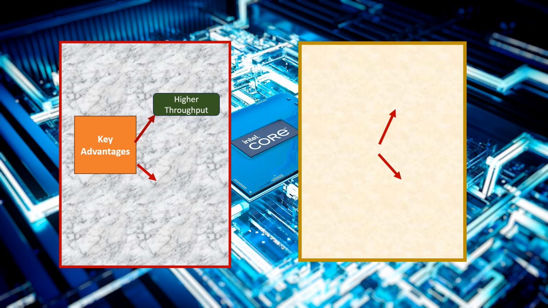Then the next advantage is efficient usage of resources. A computer has its own resources, its hardware, its timing and everything. With the help of pipelining, we can use those resources more efficiently, since different stages of different instructions can operate in parallel.